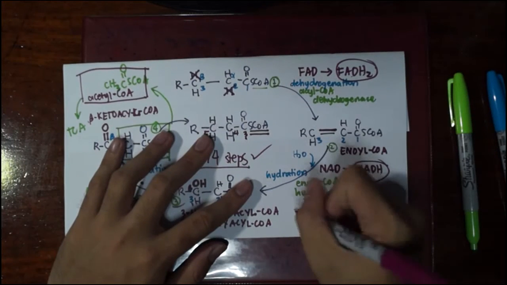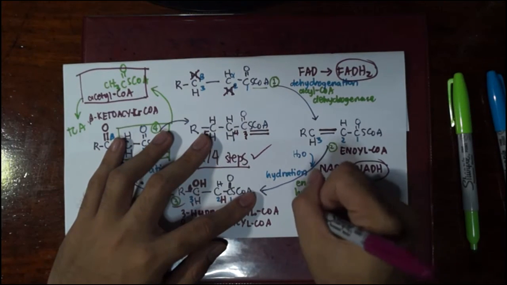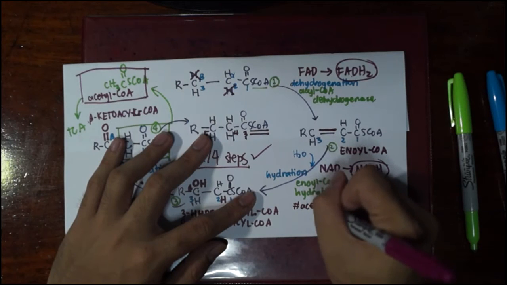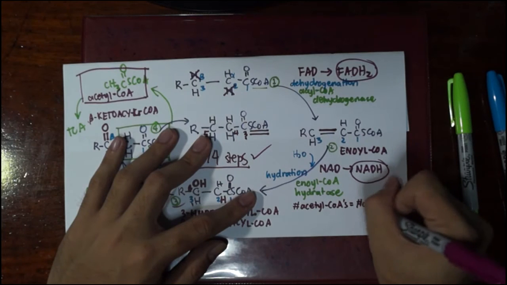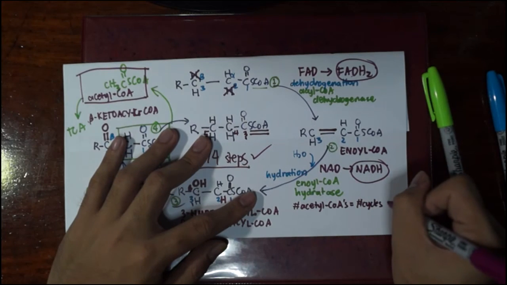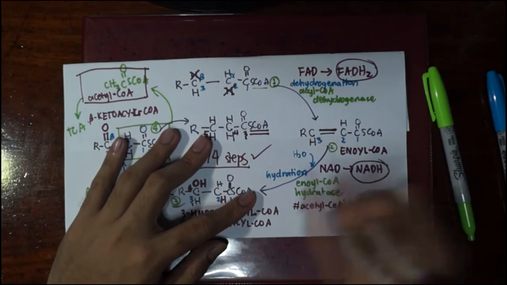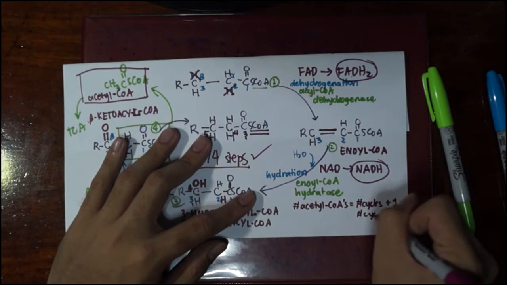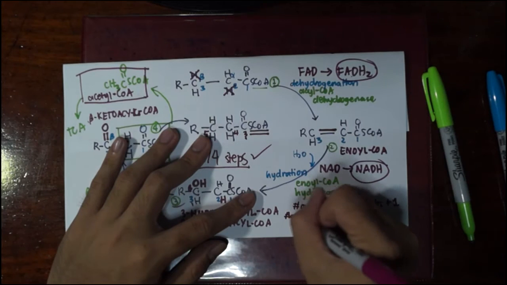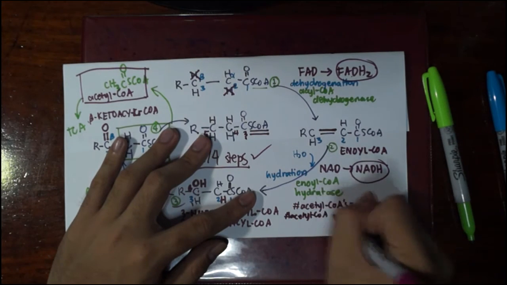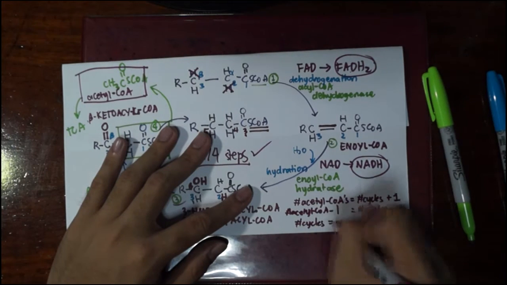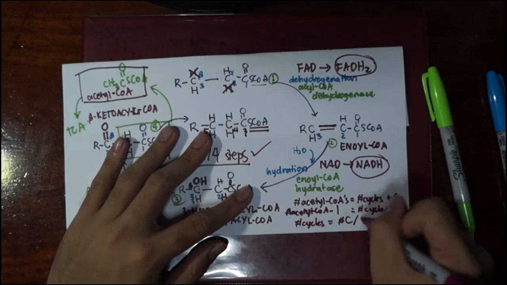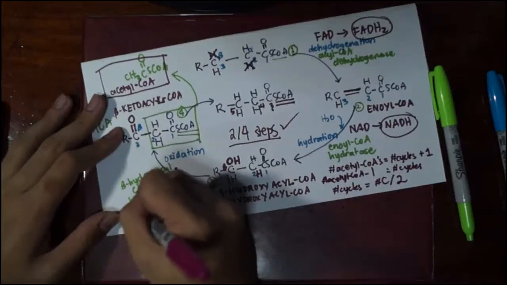Also, I would like to note that there is a certain formula for us to remember. To remember the number of acetyl coenzyme A's, we simply count the number of cycles plus 1, or inversely, the number of cycles is equal to the number of acetyl-CoA minus 1. And how do we know the number of acetyl-CoA? The number of carbons in the fatty acid divided by 2. So for example, I have an 18 carbon fatty acid.